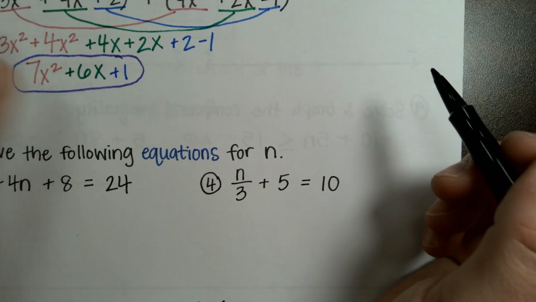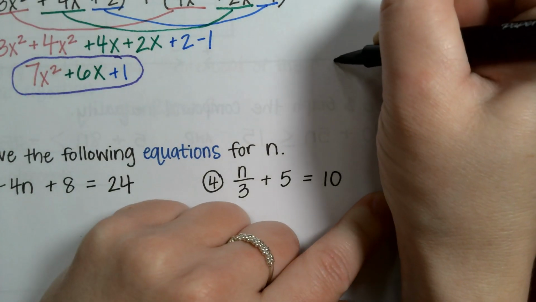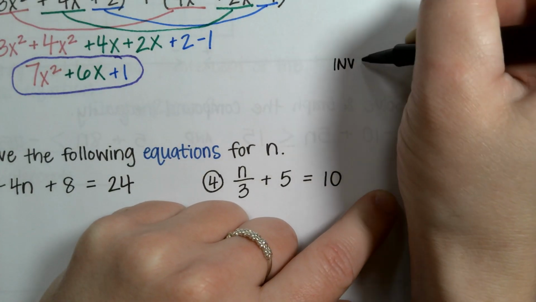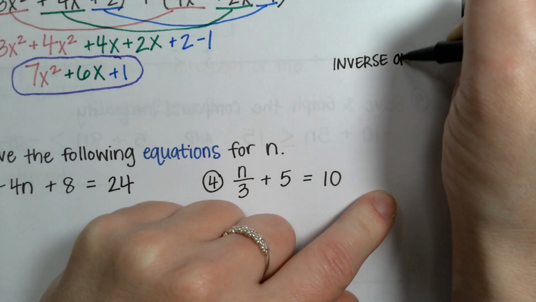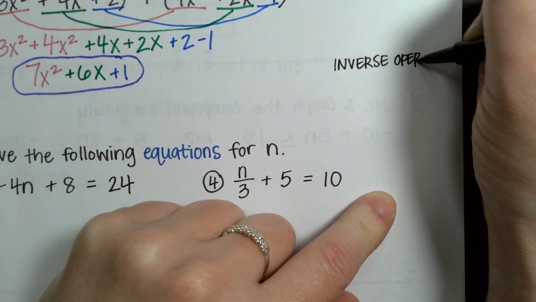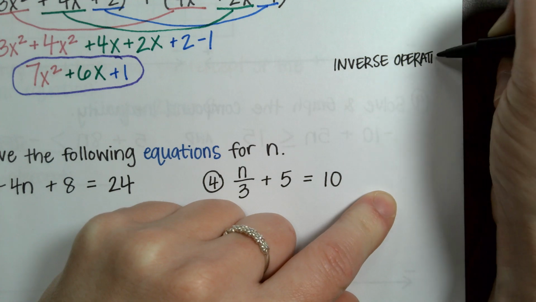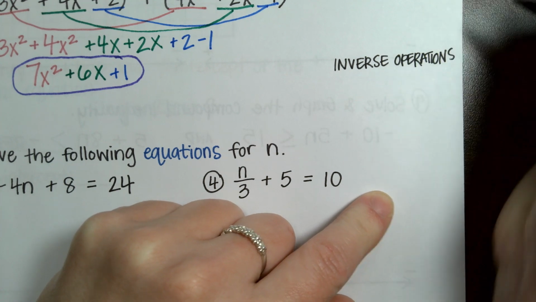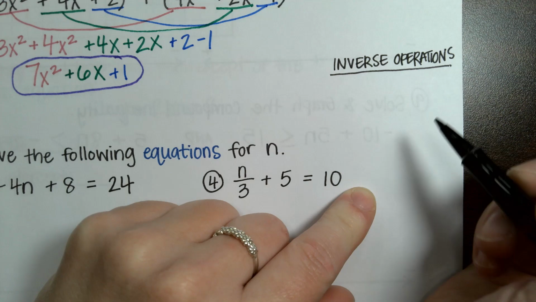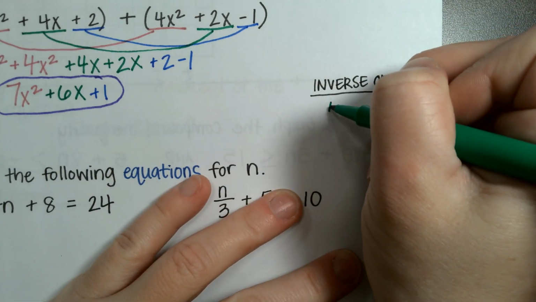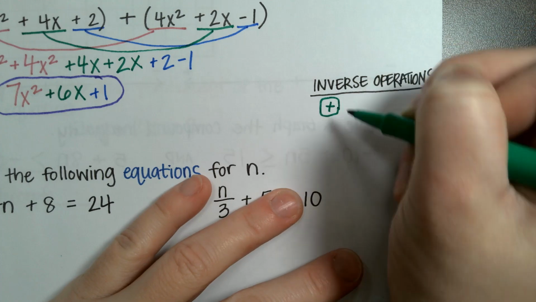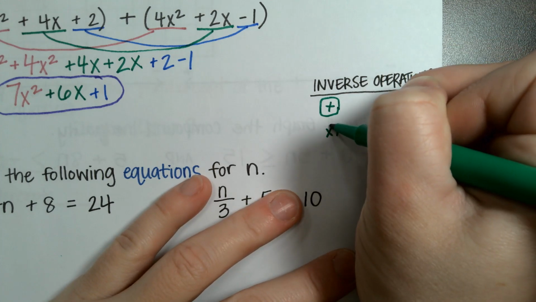So let's make that little chart to the side before we start of our inverse operations, just as a reminder. And if you don't feel like you need this, you don't have to write it, but I'm going to give it to you anyway. So we're going to do addition and multiplication.